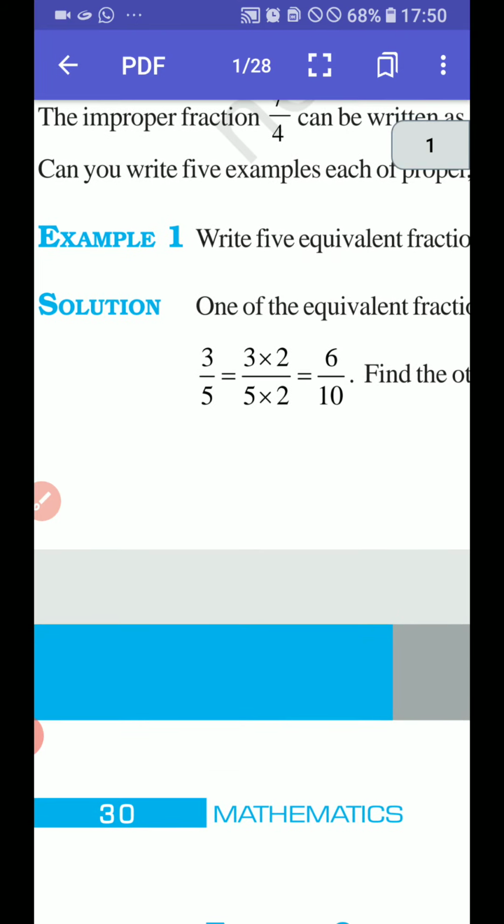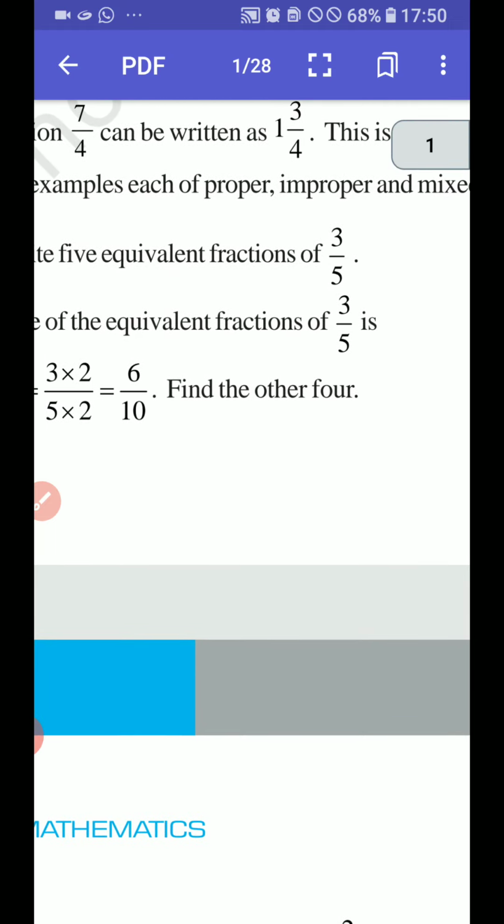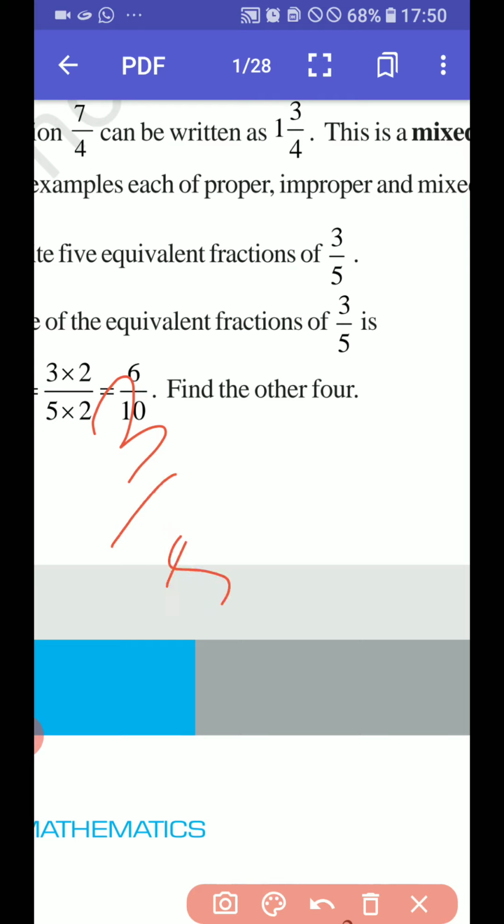Example 1. Write 5 equivalent fractions of 3 by 5. You can convert 3 by 5 into any number of equivalent fractions by multiplying the numerator and denominator by any fixed digit. Let us suppose you multiply the numerator and denominator of 3 by 5 by 2.